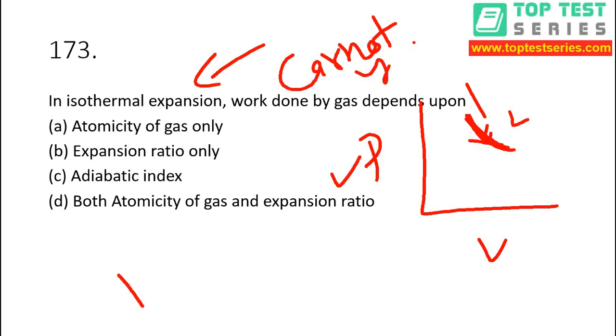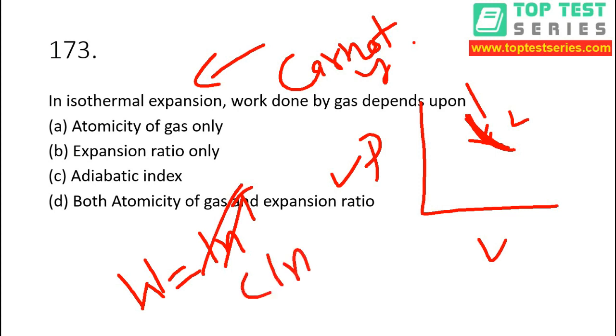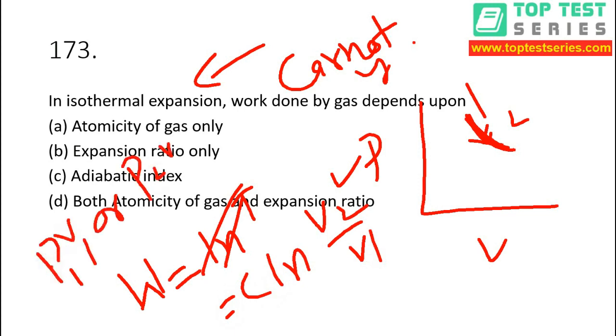So for that we have to write the formula for work done, that is C natural log V2 by V1. C means how much, what is C? C is PV, that could be P1 V1 or also P2 V2, and C natural log P1 by P2.